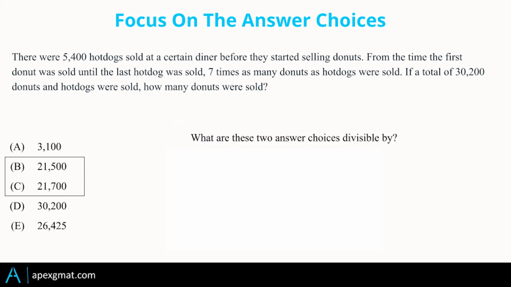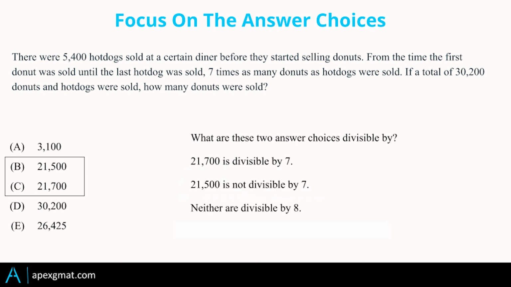Notice the 21,700 is very clearly, with strong mental math, divisible by 7, where the other one is not. Also, neither of them are divisible by 8. We can look at these 2 and say, okay, one of them's probably right, one of them's divisible by 7, the other one is not, so there's our right answer, and we can move on to the next problem.